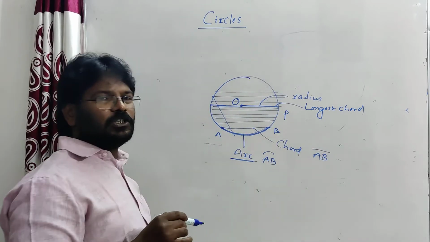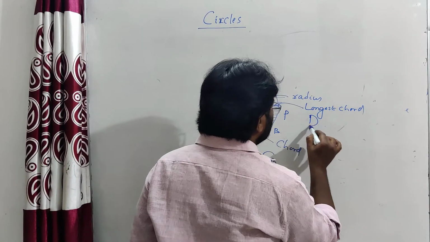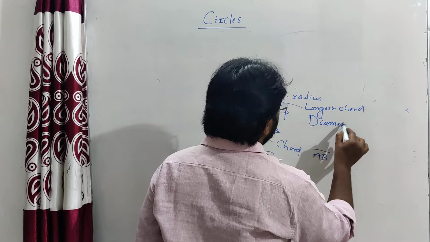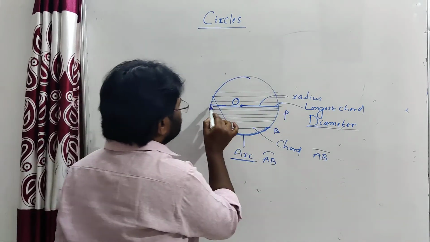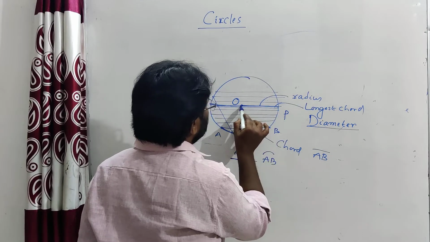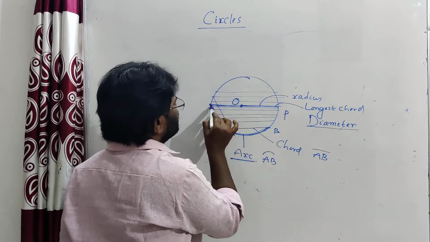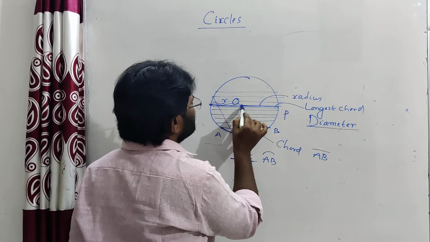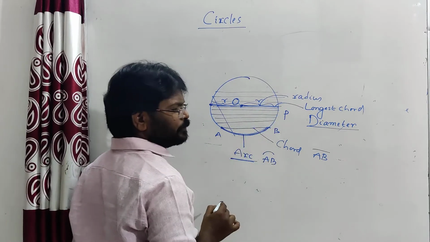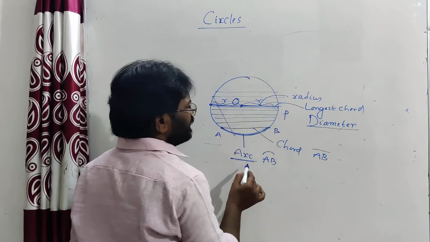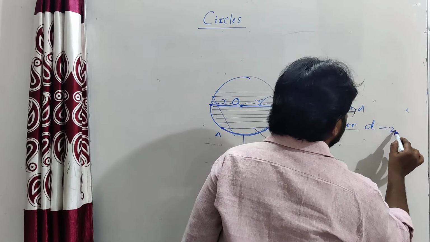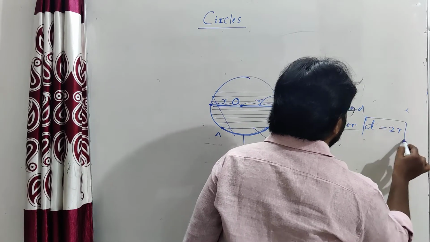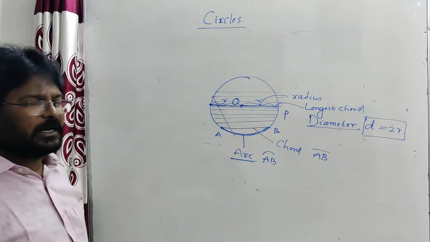This longest chord is also known as the diameter. Observe that it is passing through the center. Center to any point on the circle is known as radius. This is also a radius. So the diameter is double the radius. Diameter is generally denoted by D. It is nothing but 2R.